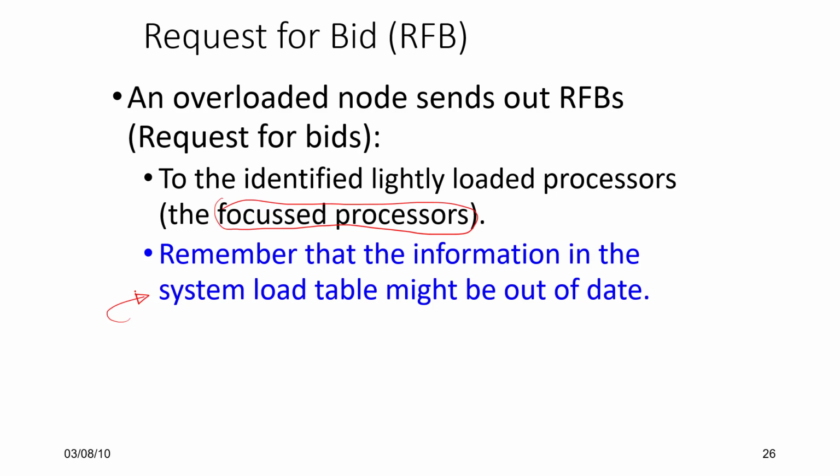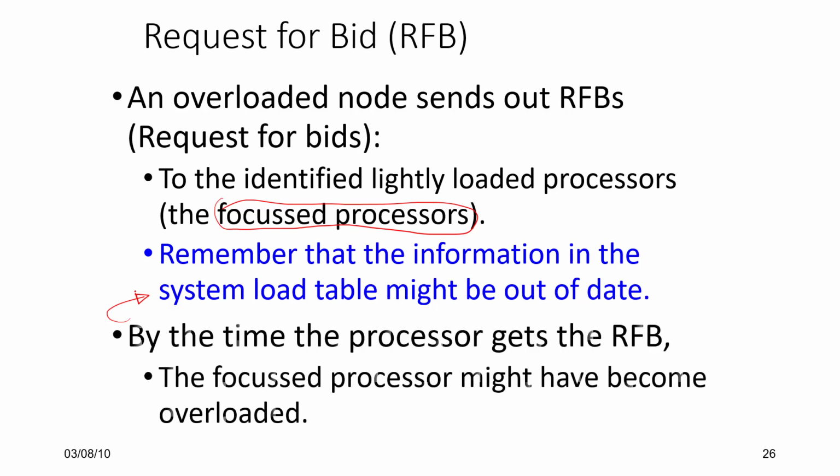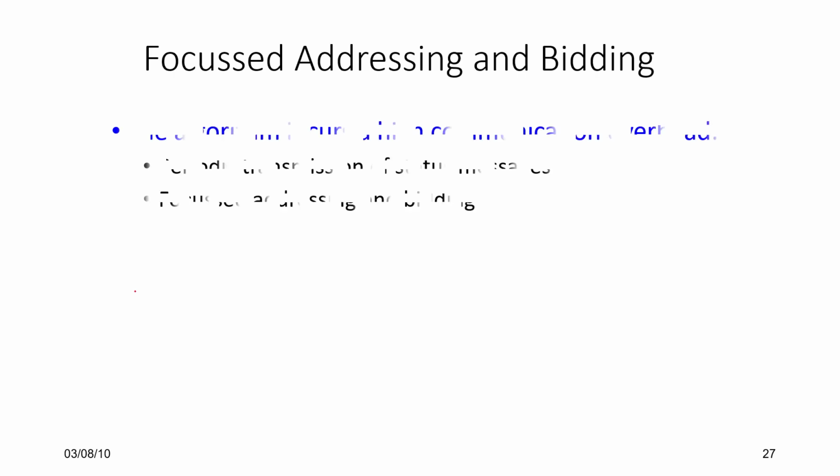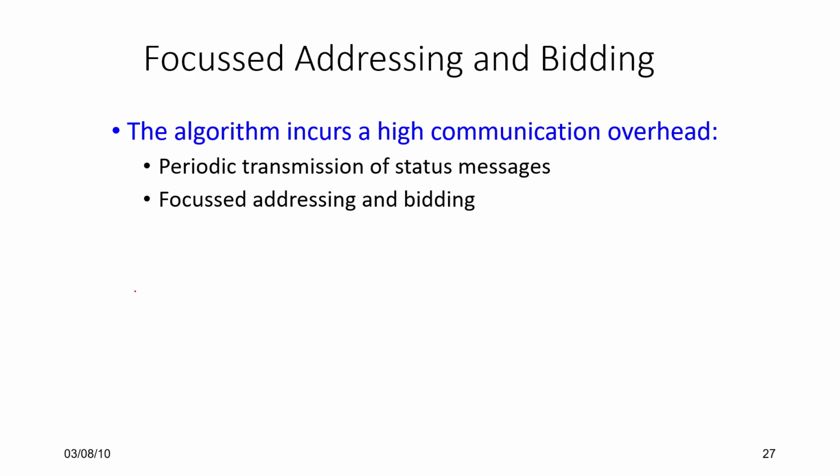Because it is out of date, not all such offloading attempts will be successful. But nonetheless, our chances are high if we focus on the processors whose current load is low. By the time the processor gets the RFB, the focused processor might have become overloaded. So then, of course, there is a problem. It will then have to say that, look, I can't do this job, right?